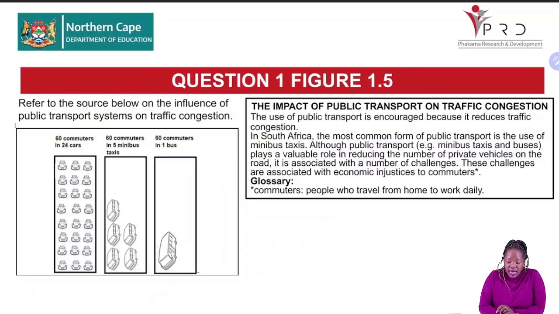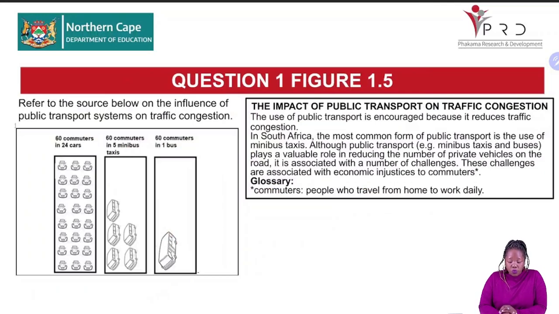It is associated with a number of challenges. So these challenges are associated with the economic injustice to the consumers. Then you are given a glossary. The commuters: people who travel from home to work daily.